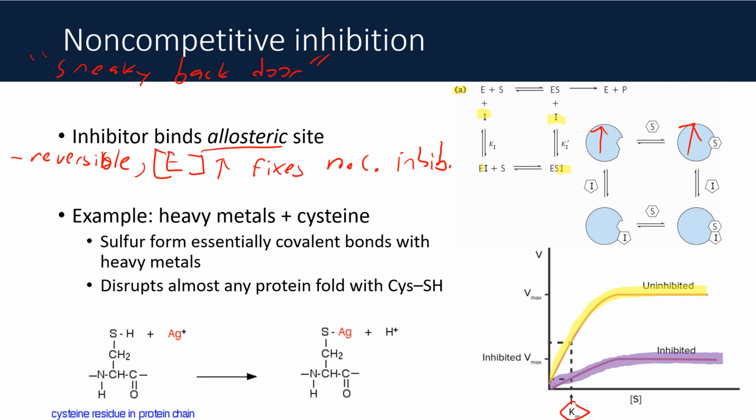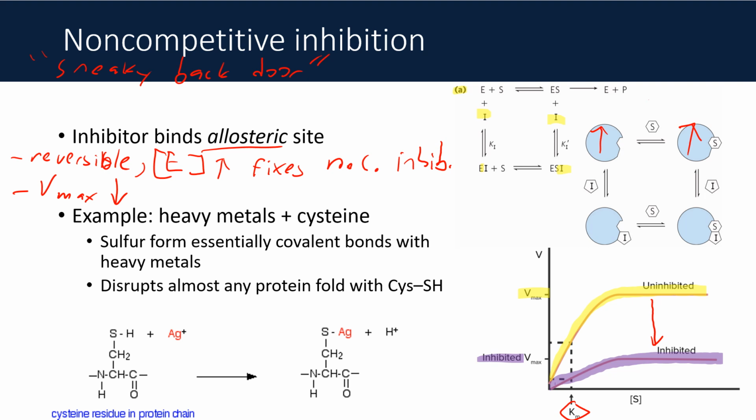What we changed though is Vmax. Vmax has dropped quite dramatically from up here down to there. So in the case of non-competitive inhibition, it is the Vmax that suffers.